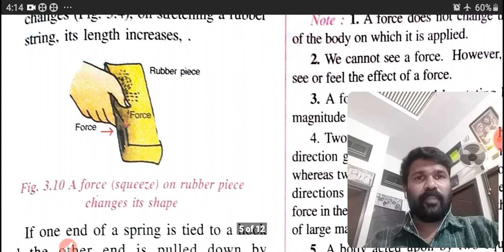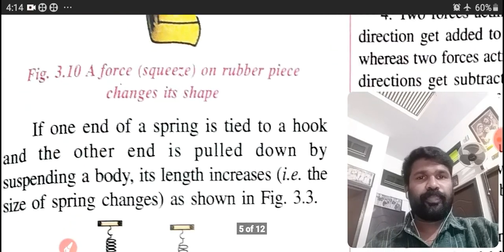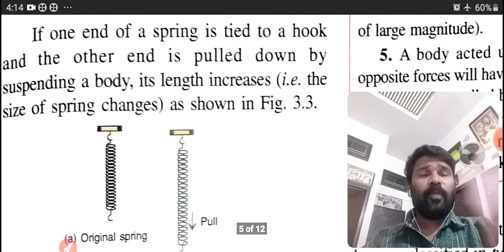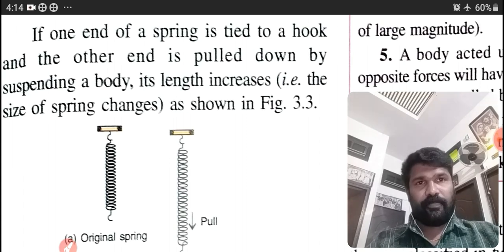Here we can see a rubber piece being squeezed. A force on the rubber piece changes its shape. And also, if one end of a spring is tied to a hook and the other end is pulled down by suspending a body, what will happen to the spring?